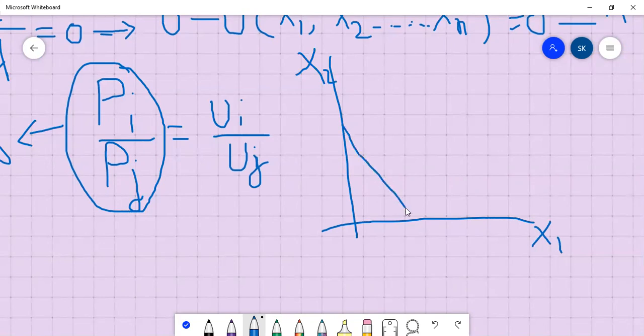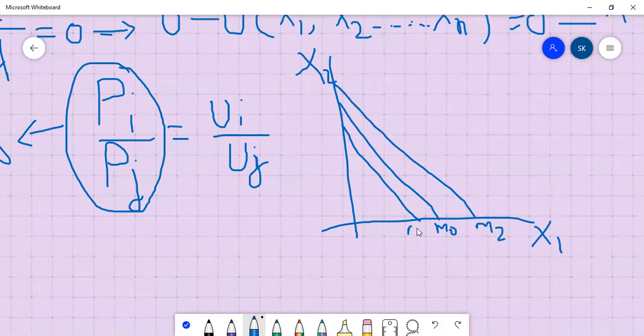The first one is M1, second one is M0, and third one is M2. I'll draw the diagram first and then explain it to you in detail. This is M2, not M1, because this is the higher budget line and this is the lower budget line. M1.